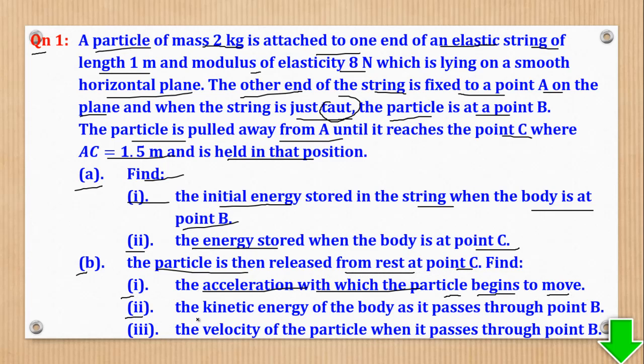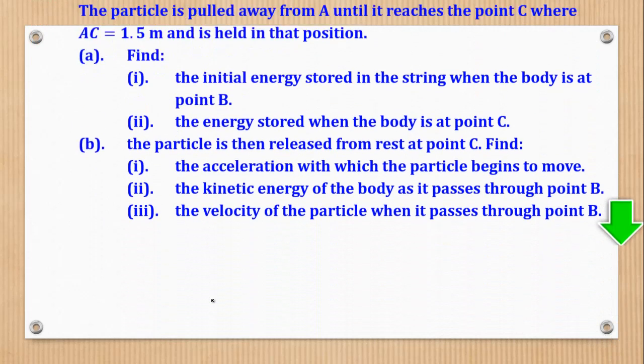Roman 2, the kinetic energy of the body as it passes through point B. Roman 3, the velocity of the particle when it passes through point B.